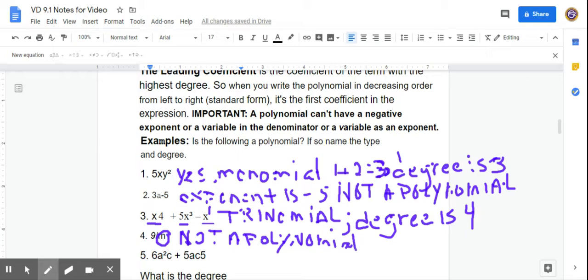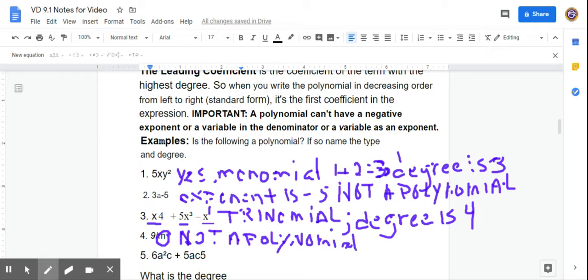The next one, 6a squared c plus 5ac, that should be to the 5th power. If you're looking at your notes, it should be correct because it's correct in the plus portals. So the first term is 6a squared c, and the second term is 5ac to the 5th.